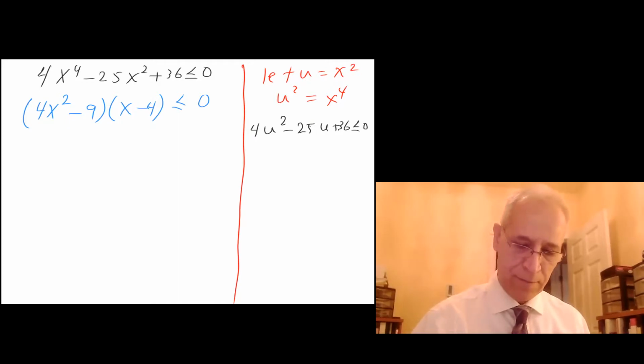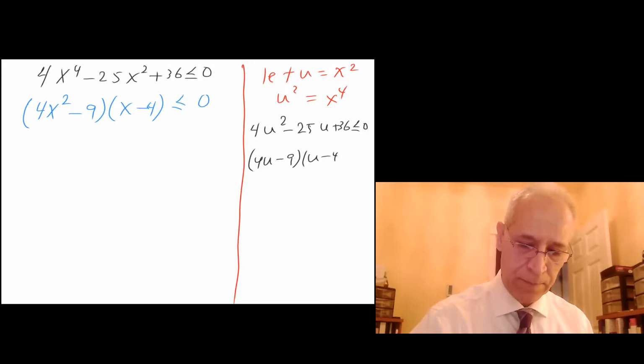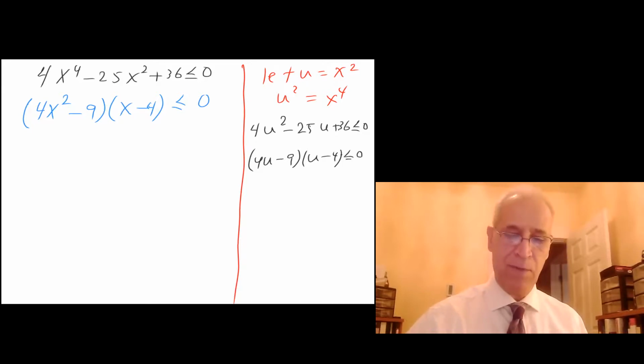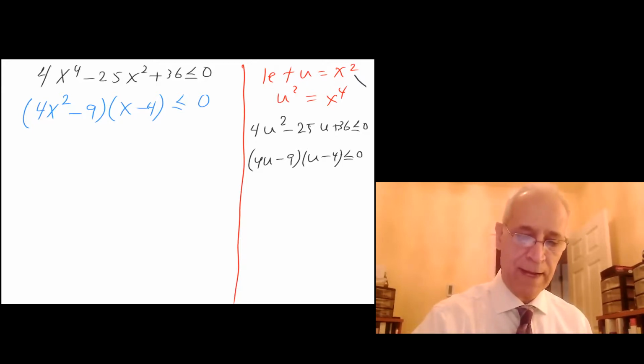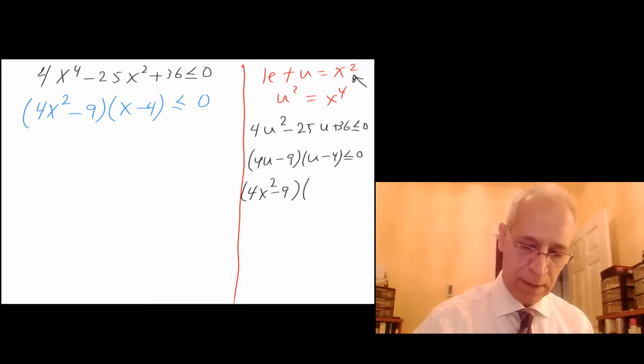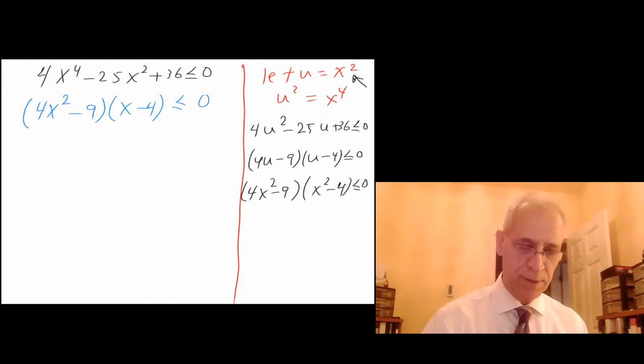And now you could factor that to (4u − 9)(u − 4). And remembering that u, in fact, is x², you could say that this is the same as (4x² − 9)(x² − 4) smaller than or equal to 0.